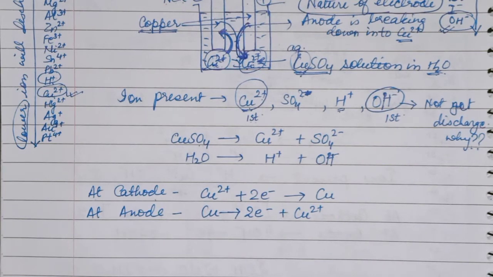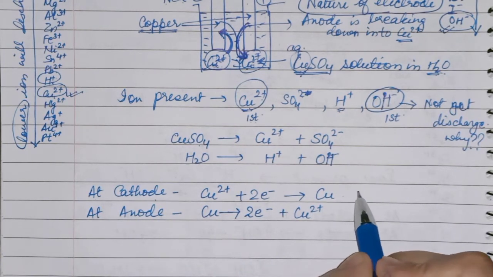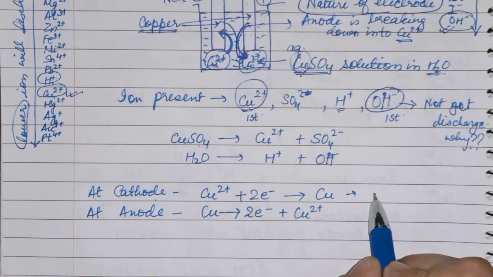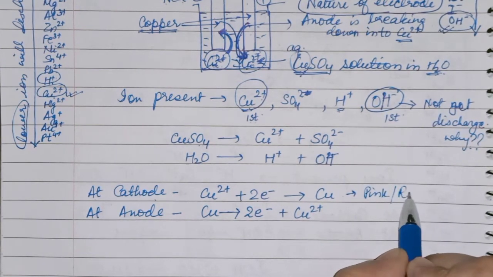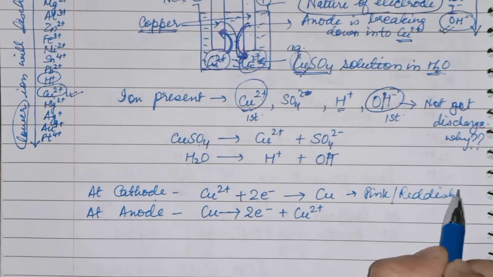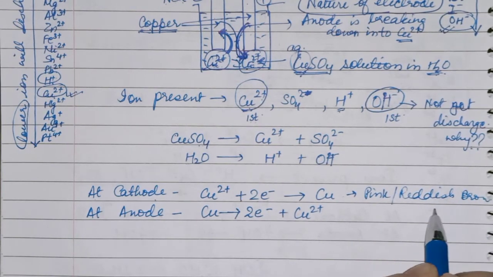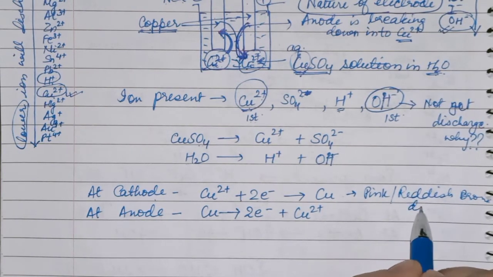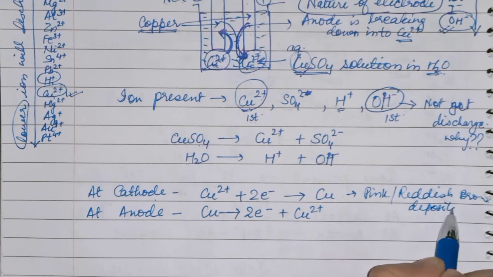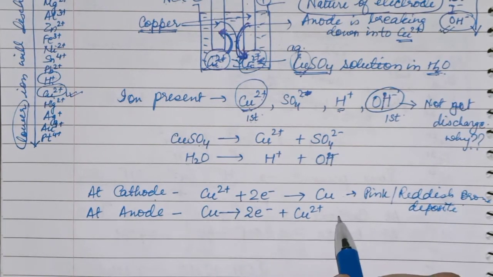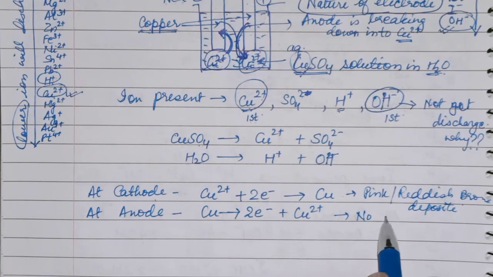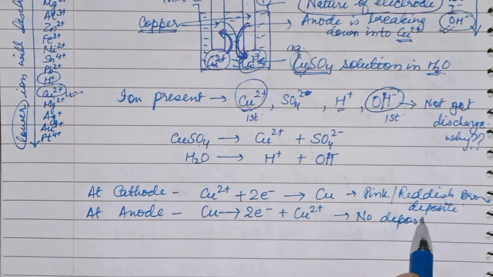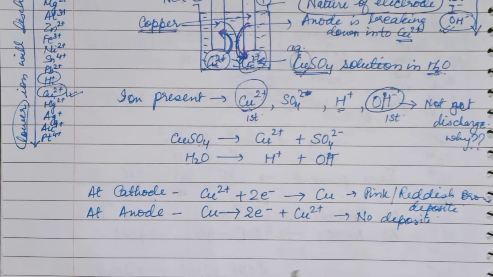Okay, so what is the observation part? For the observation, you will write for the cathode that it forms a pink or reddish brown deposit. But at the anode no deposit has formed, and no gas is evolving.